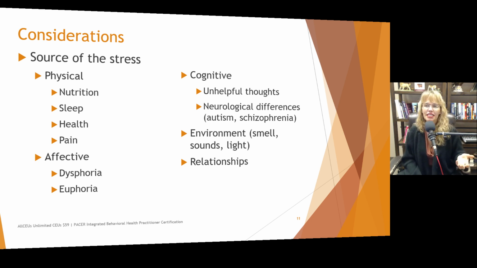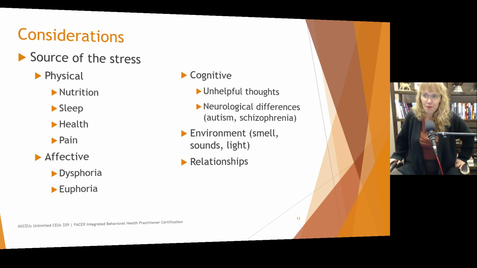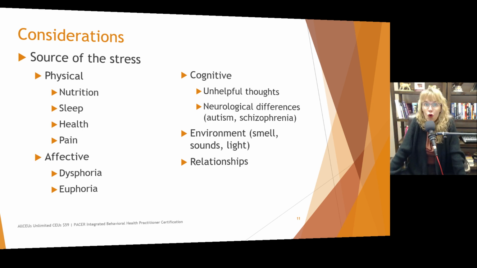Cognitively, we want to examine unhelpful thought patterns and problem-solving challenges that they may be experiencing that's contributing to frustration and anger and HPA axis activation. We also want to look at neurological differences. If you are working with a person who has autism or schizophrenia, it's important to examine and discuss with them how they experience the world differently than other people.